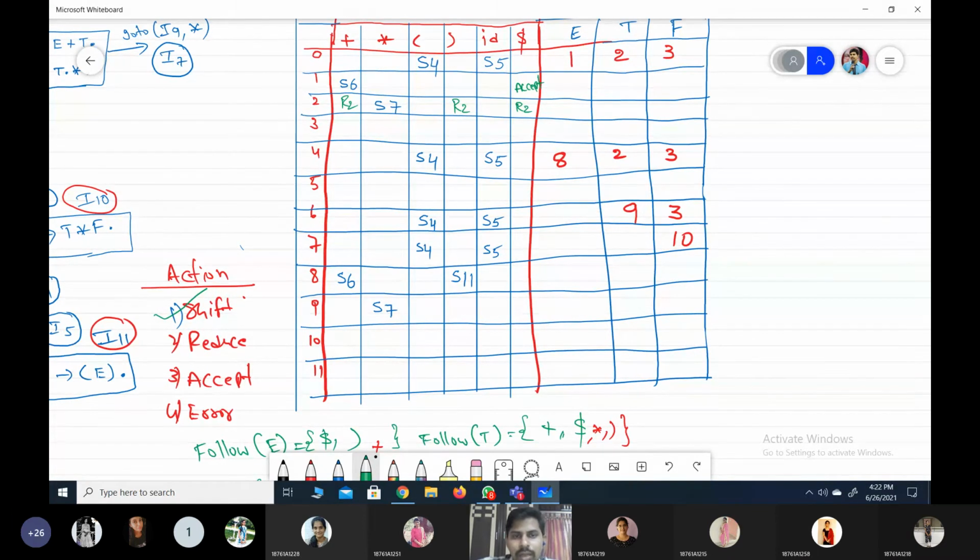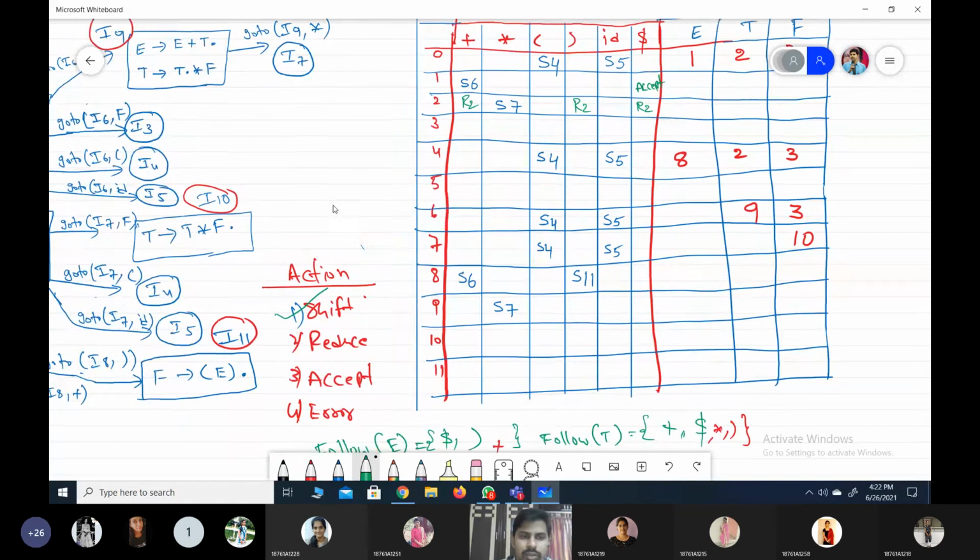We have to add that R2 for that production's left hand symbol, so compute the follow of E symbols, and for those symbols we add R2. What is the follow of E? Dollar, closed parenthesis, plus. That means second row dollar on R2, second row closed parenthesis on R2, second row plus on R2. So that's what we have added. Is it okay?